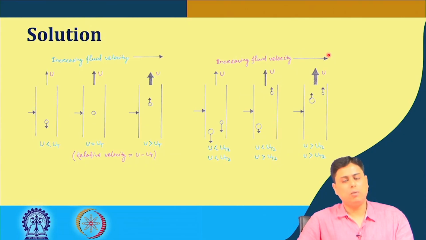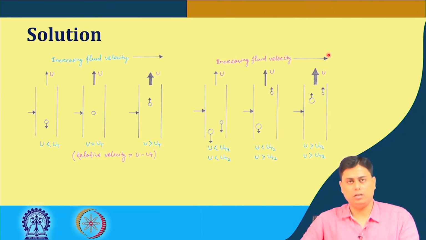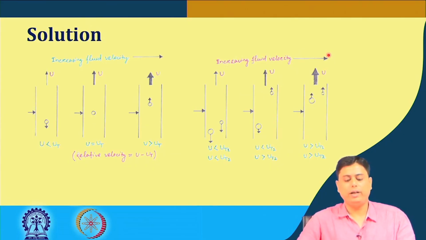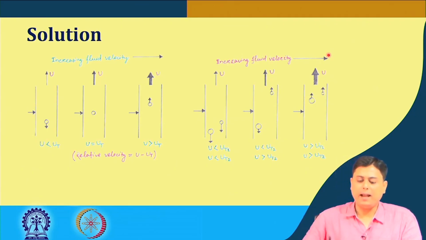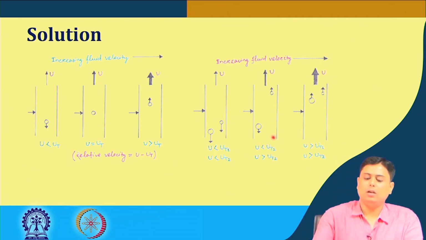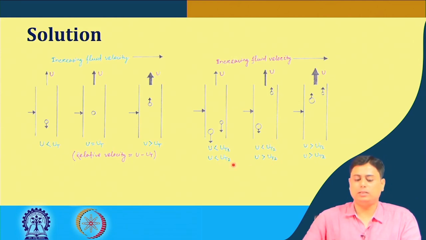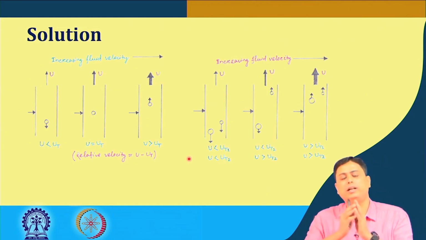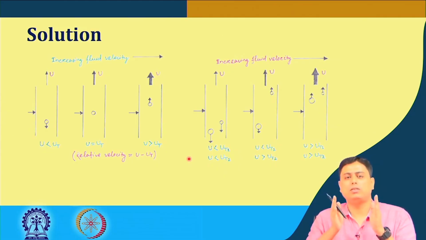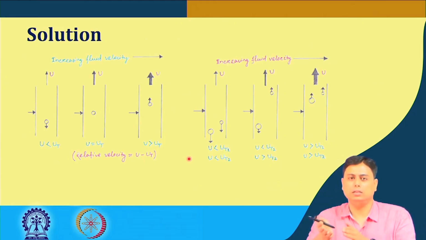So for complete separation, what do we need? We need a critical value of the fluid parameter, so that this overlap of terminal velocity will not be there. There will be a clear separation of the terminal velocity range. And if that happens, then one material can clearly be separated from the other.